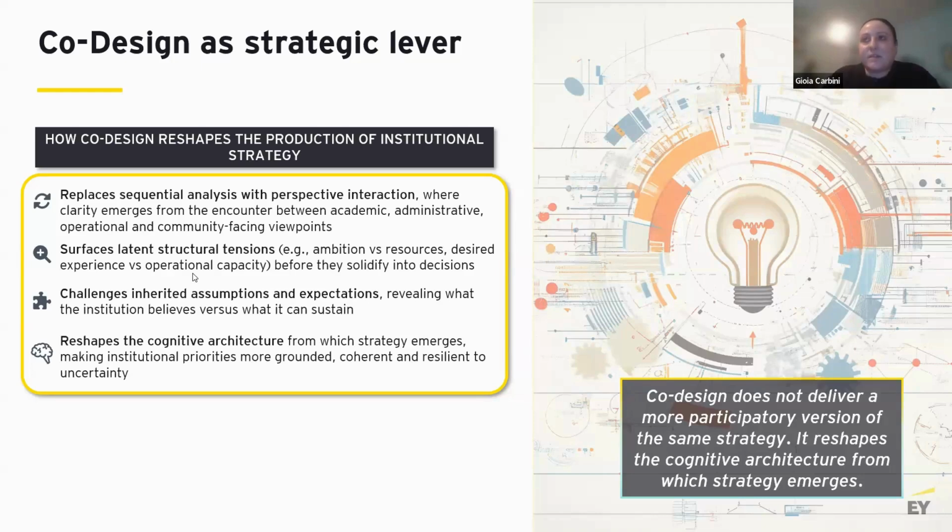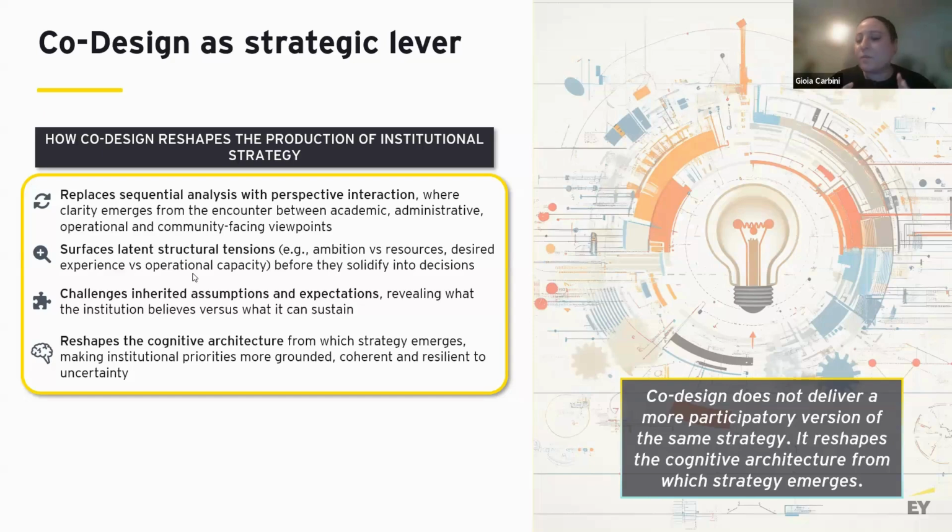So the desired student experience, what we would like to give to students in terms of a public institution, and at the same time, what is the organizational operational model. So sometimes we see that we have very big difficulties trying to correlate the two. So we try through co-design to reshape the cognitive architecture of strategic planning.